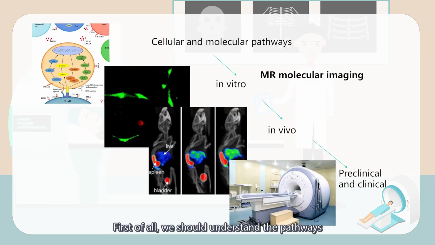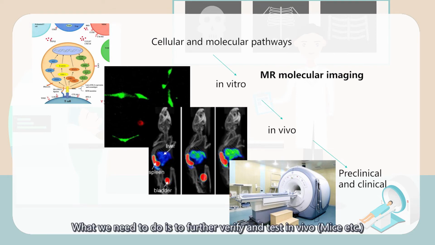At first, we should understand the pathway and the mechanism of action of the cells and molecules we want to image, which will pave the way for us to find suitable targets. Then, we conducted a series of cell-level experiments and verification on the carrier we used, including the biosafety of the carrier and its imaging effects.